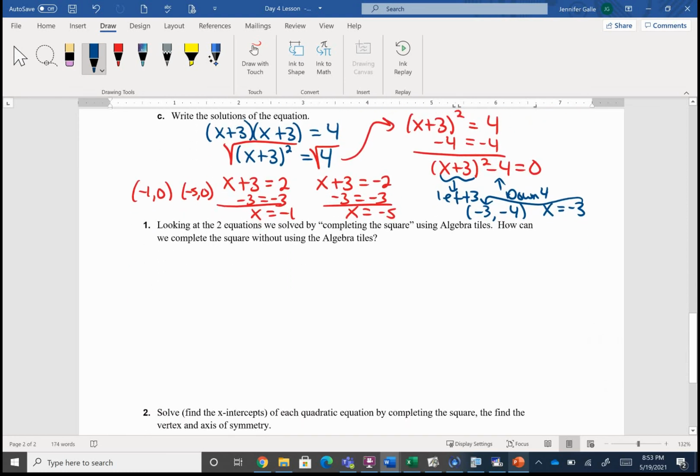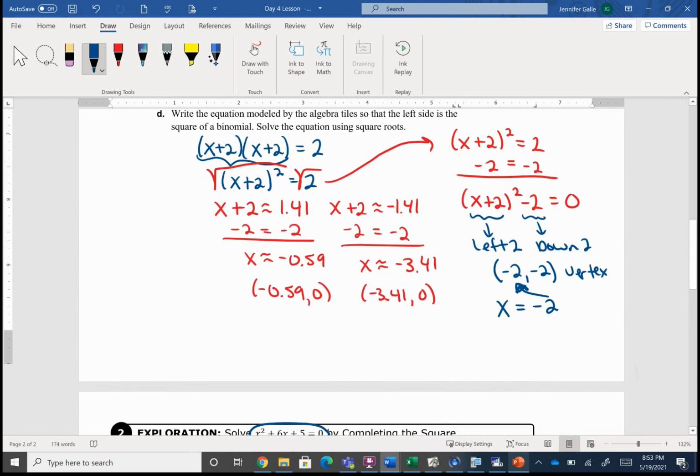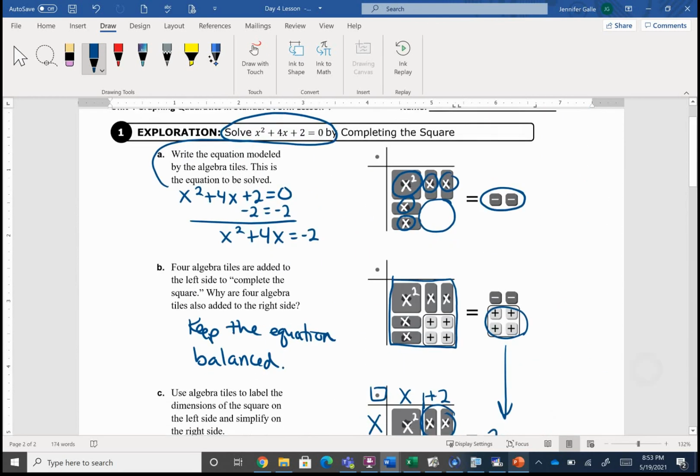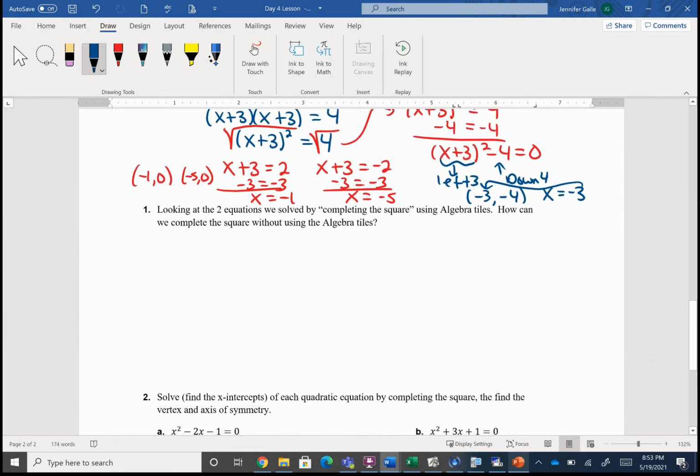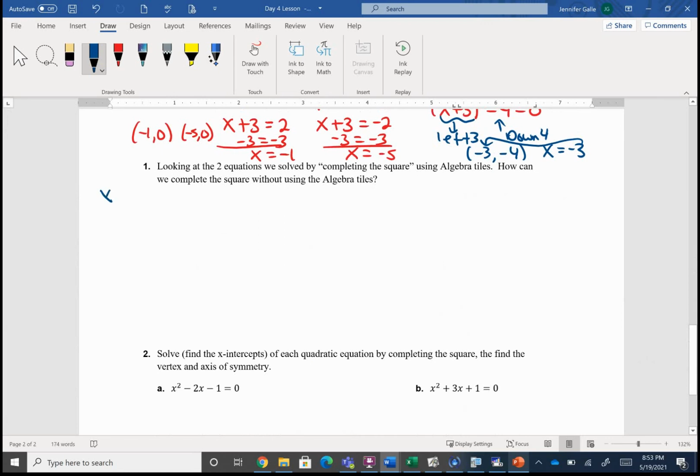So if we look at the two equations that we solved, I'm just going to go ahead and bring those down. Grab my first one here: x squared plus 4x plus 2. Oh, let me back up.